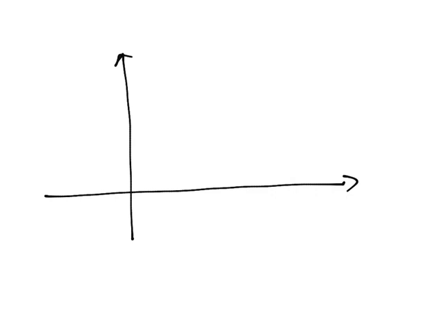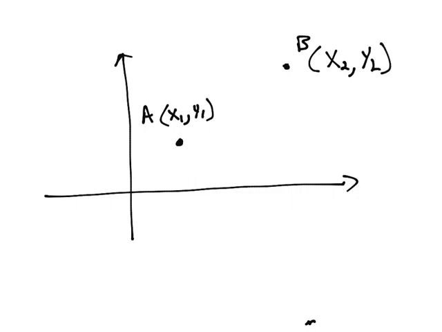Slightly more complicated, but we've gone up in a dimension, so that stands to reason. So now we have a point, let's call this point A, and we're going to label it x1, y1, and this point B, whose address is x2, y2.